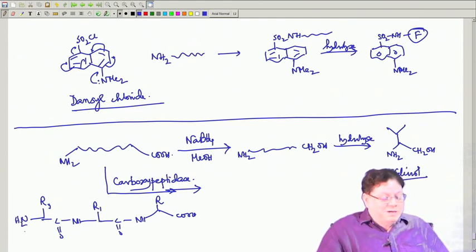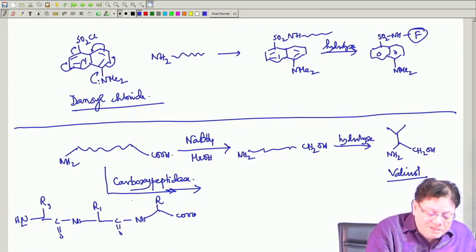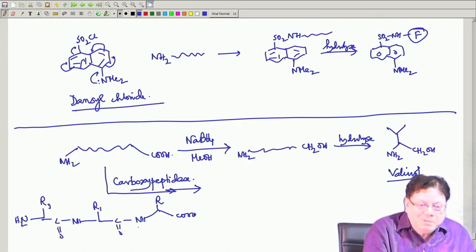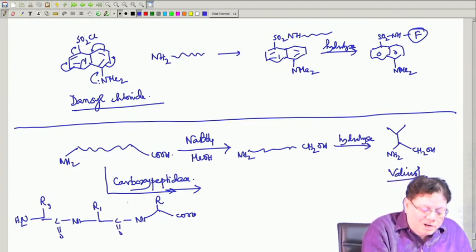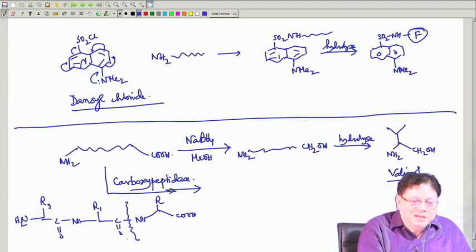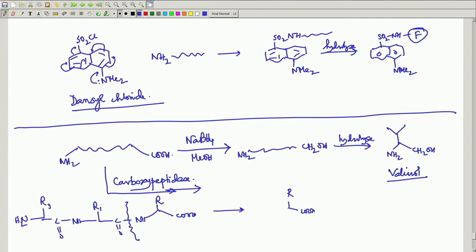So, this is a tripeptide. What carboxypeptidase does, it hydrolyzes the terminal peptide bond from the C-terminus side. So, it will hydrolyze this one. This amino acid will come out as R CO2H NH2, plus you get the dipeptide, because we started with the tripeptide.